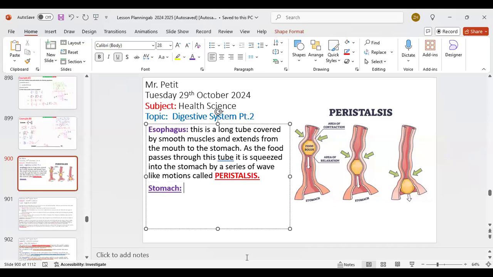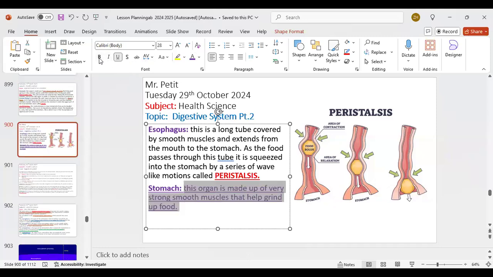Can you see it now? Okay, good. So this organ is made up of very strong, smooth muscles that help to grind up the food.